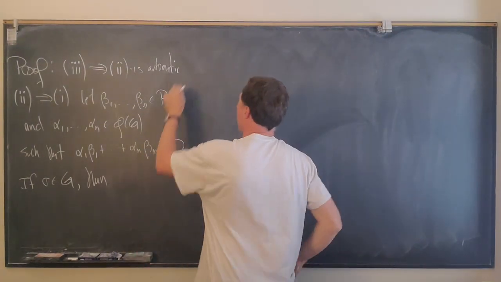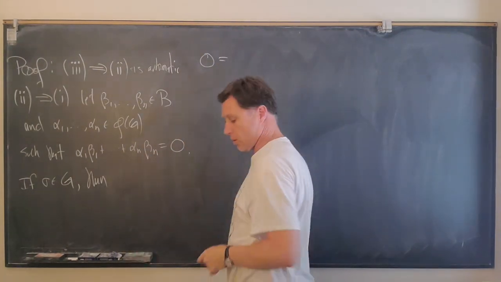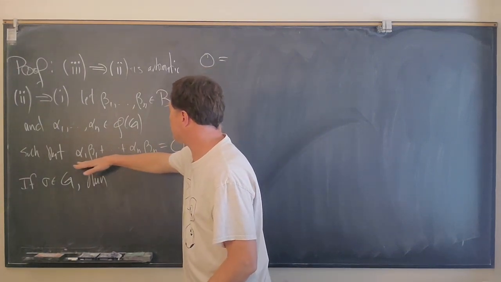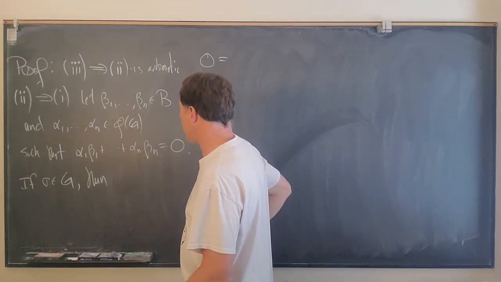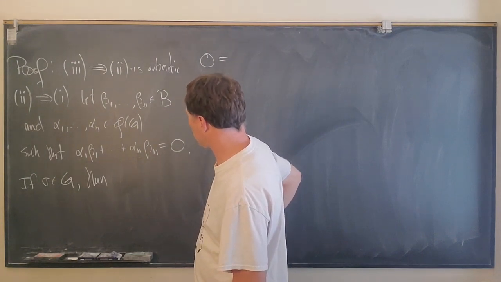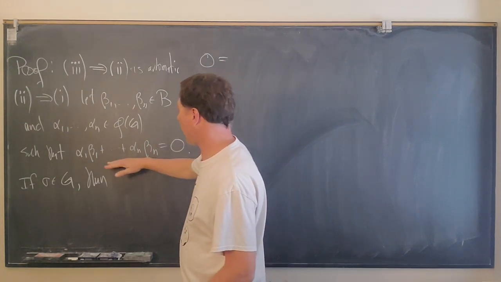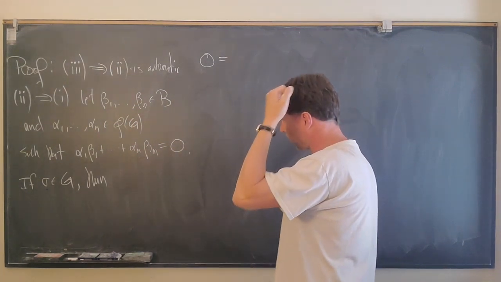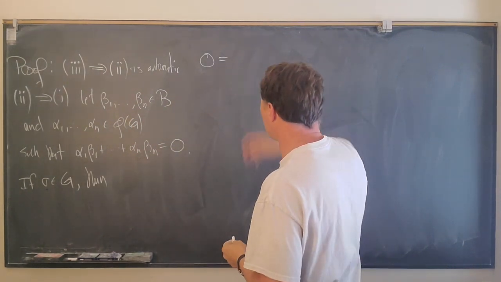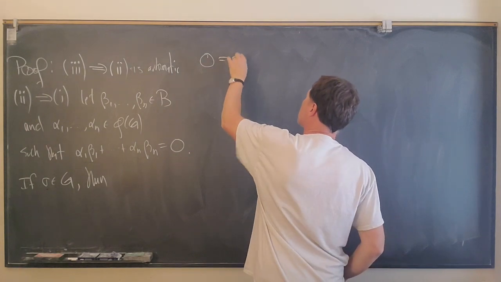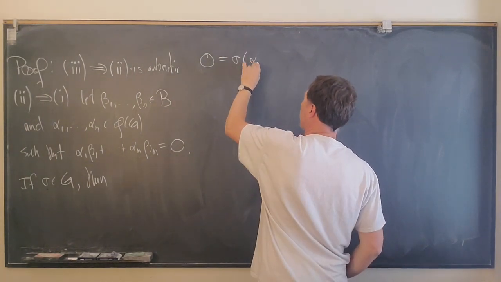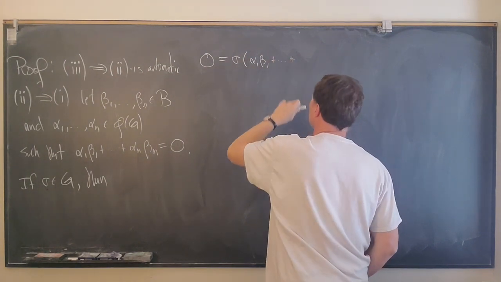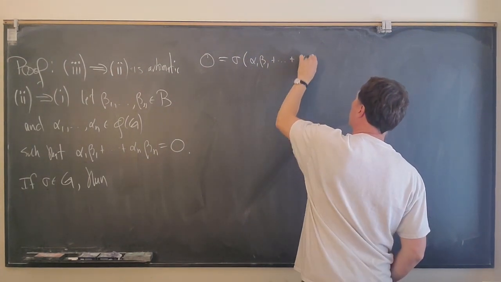Okay, so what do we have? We know that this is 0 right here. This is an element of L, and so I can apply sigma to that element of L. Right? Sigma is an automorphism of L. So 0 equals sigma of this linear combination, alpha 1 beta 1 plus dot dot dot plus alpha n beta n.